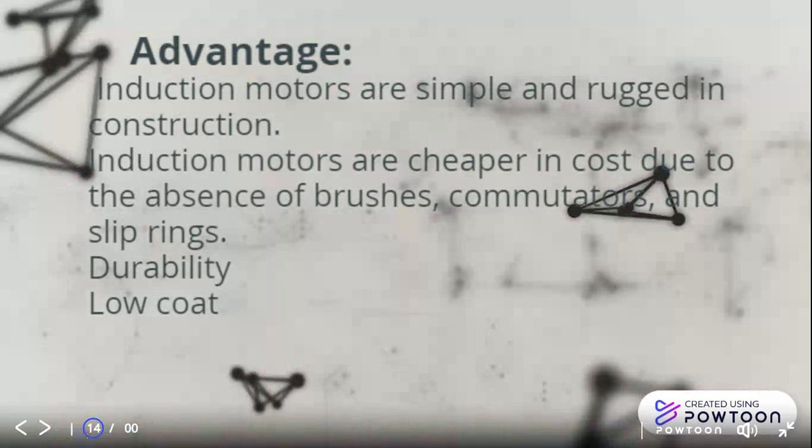High starting torque. The starting torque of the induction motor is very high, which makes the motor useful for operations where load is applied before the starting of the motor. Three-phase induction motors have self-starting torque, unlike synchronous motors. However, single-phase induction motors do not have self-starting torque and are made to rotate by using some auxiliaries.